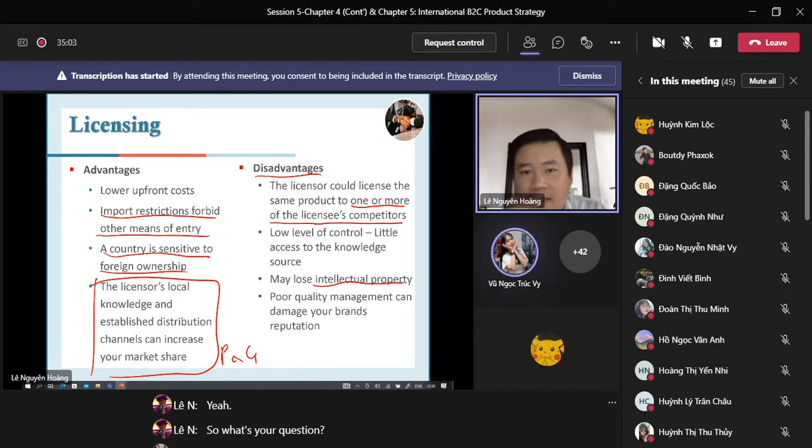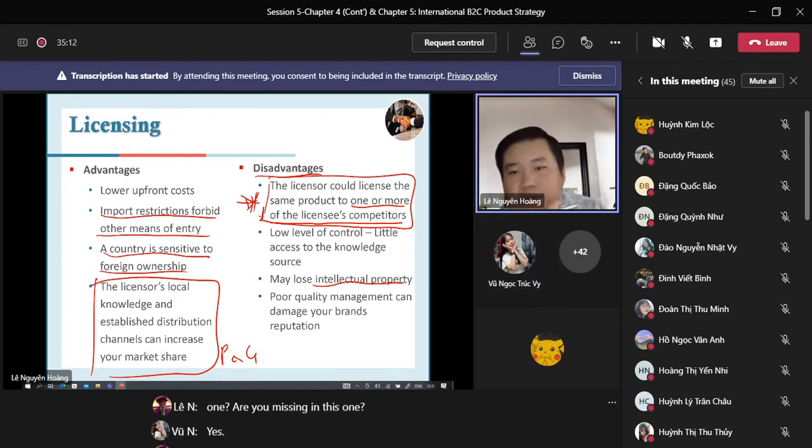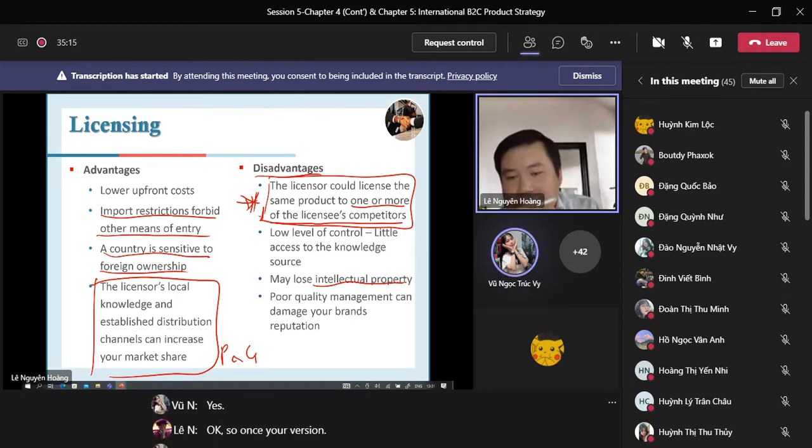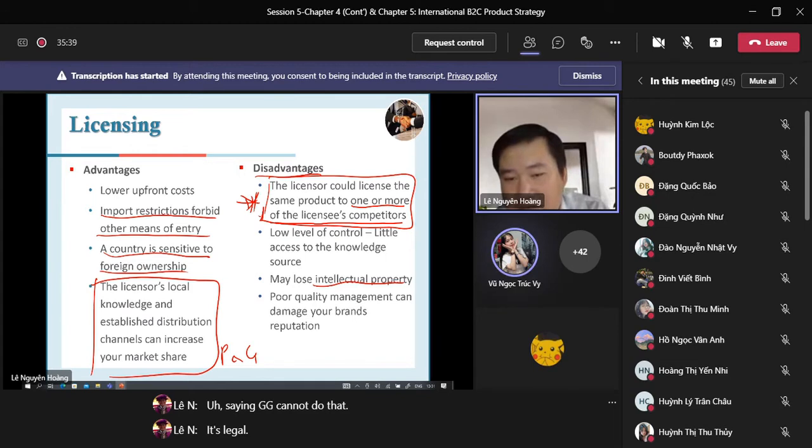Is it legal or not? It's legal. It's legal for P&G. There's no law, no regulation saying that P&G cannot do that. Is it clear? Yes. Okay. That's one of the big disadvantages if you go for licensing.